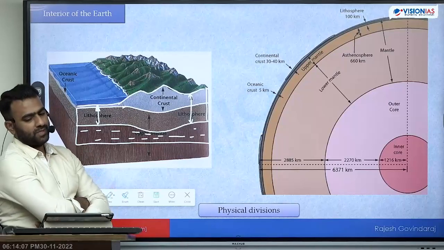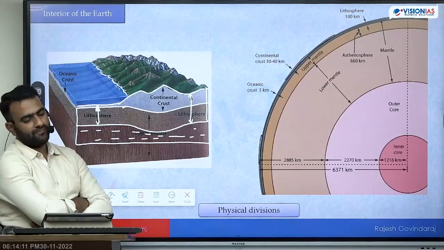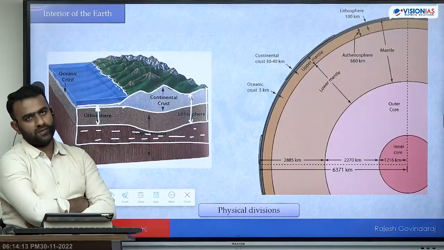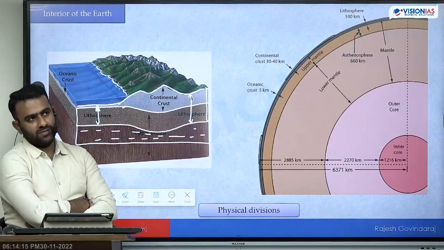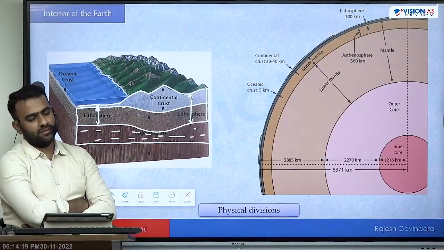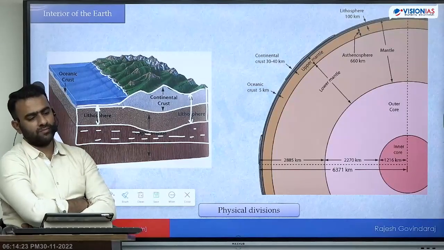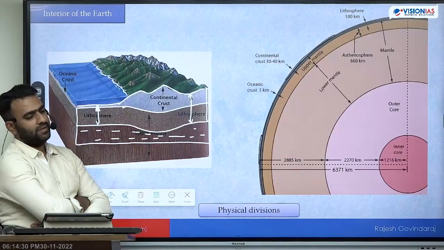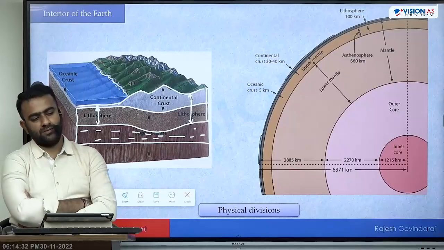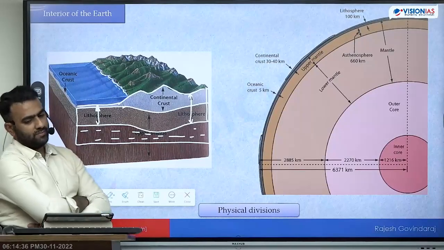Next point, it is a hard and rigid outer layer which is divided into different plates.